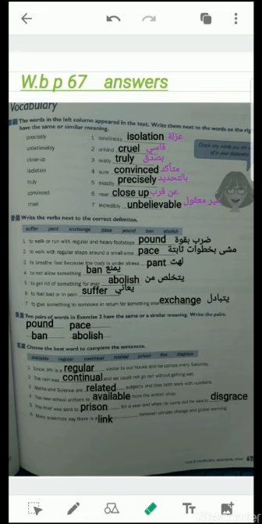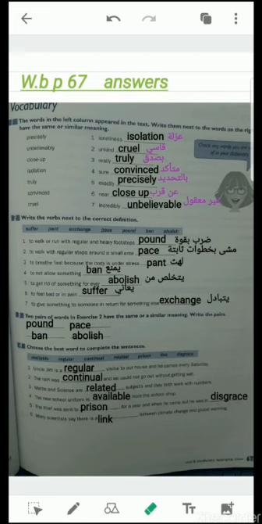Unkind, cruel, adjectives which mean قاسي. Really? Truly. بصدق. حقا.